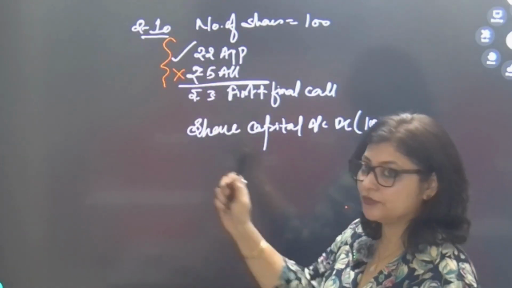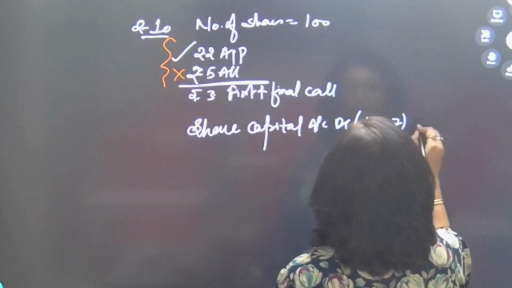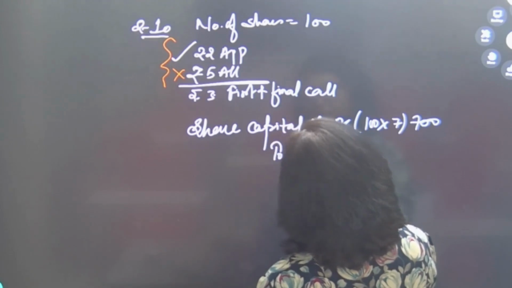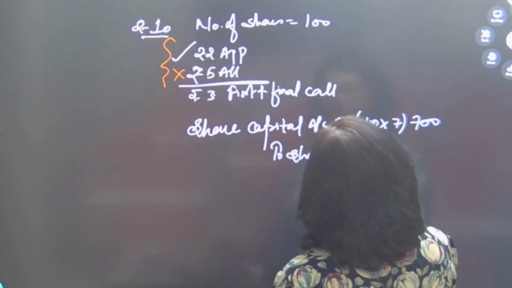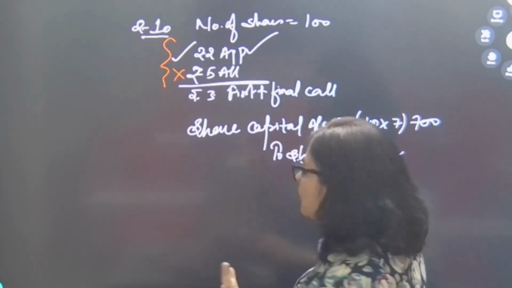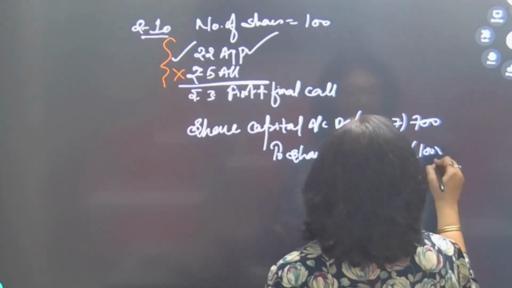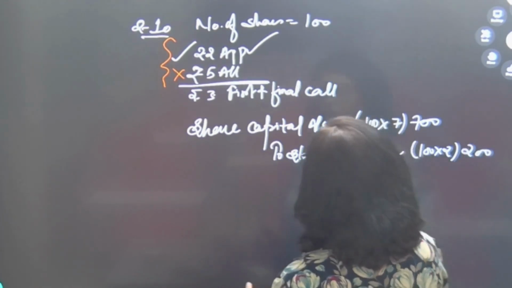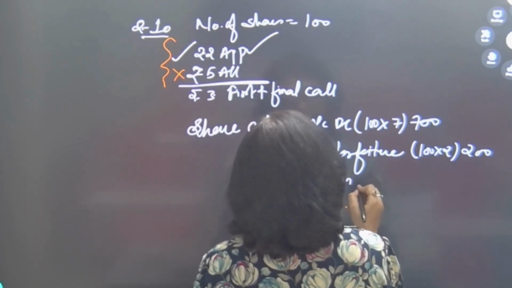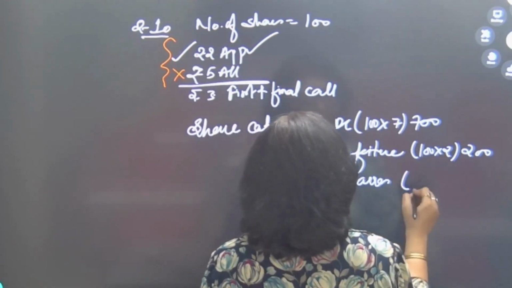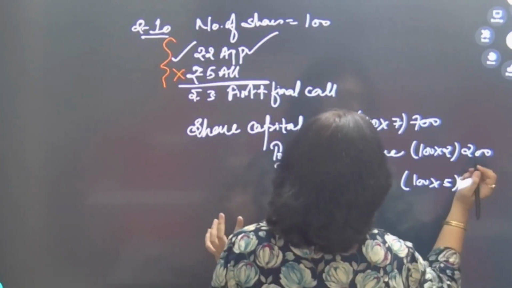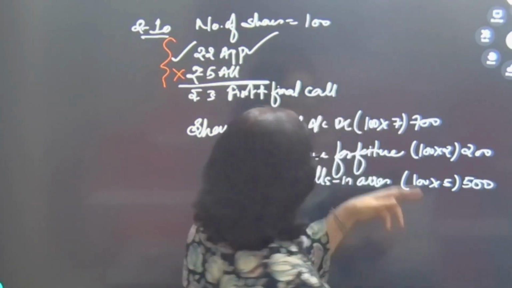So 5 plus 2, with 7 rupees we are going to debit share capital, and in share forfeiture obviously we will write the amount being paid by the shareholder, and this time shareholder has paid only 2 rupees. So you are going to write 100 multiplied by 2, 200, and what is not being paid by shareholder is calls in arrears, and calls in arrears is 100 multiplied by 5, that is allotment. So this is 500, 5 plus 2, 7, and 7.